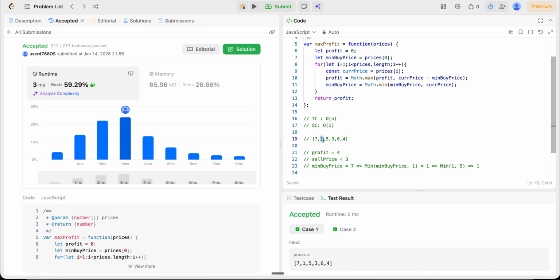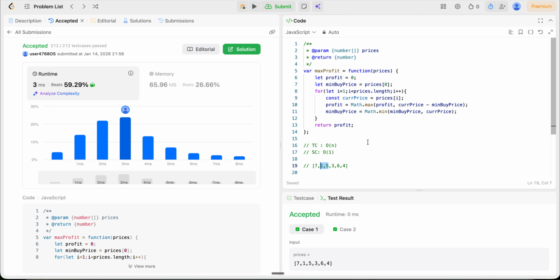When I'm traversing here, I know the minimum so far. So 7 and 1 will be 1, and 5 and 1, it will be 1. So it's just finding the minimum on the fly instead of iterating and finding it.